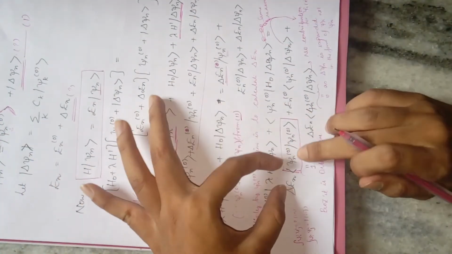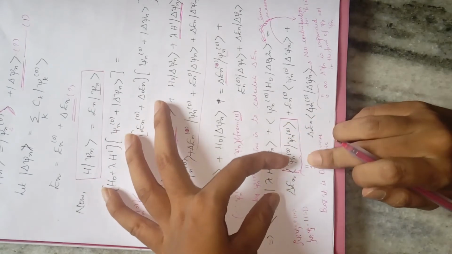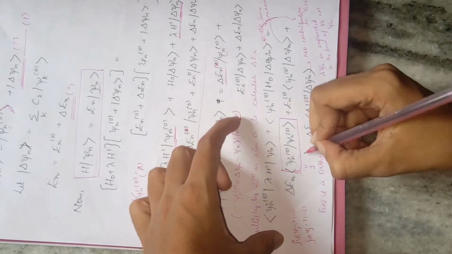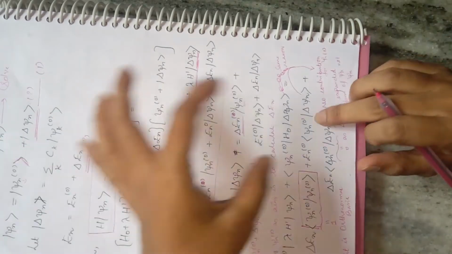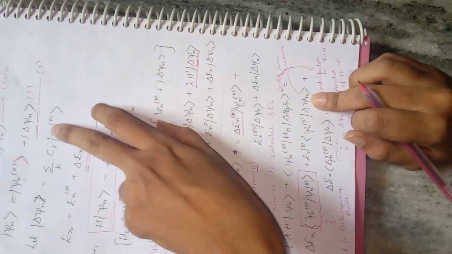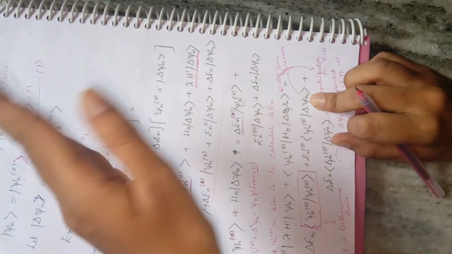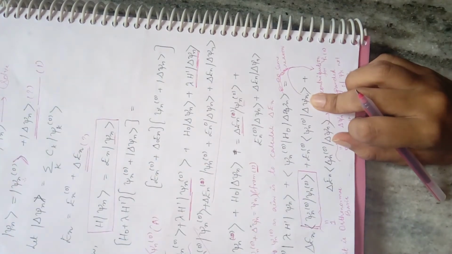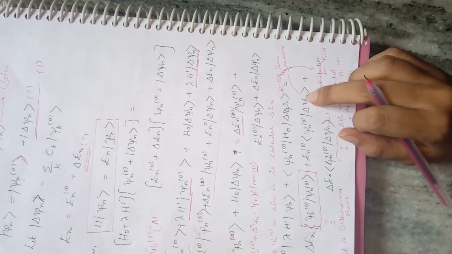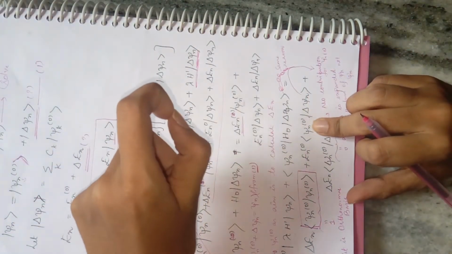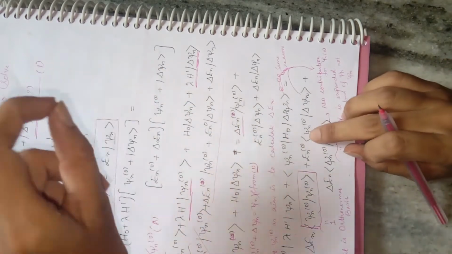Now psi n naught with psi n naught is equal to 1. Okay, this is the condition of the orthonormal basis, so this becomes equal to 1. Now this is very important. See, delta psi n, what I have told you, delta psi n is psi k, something other than your initial Hamiltonian wave function. So this psi n will not contribute anything to your existing free Hamiltonian, I can say psi n naught.